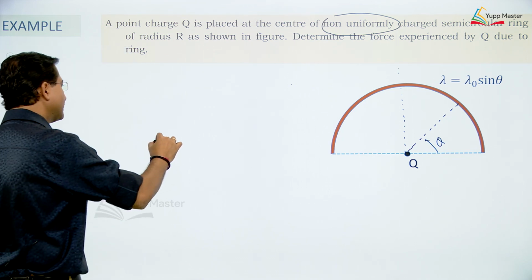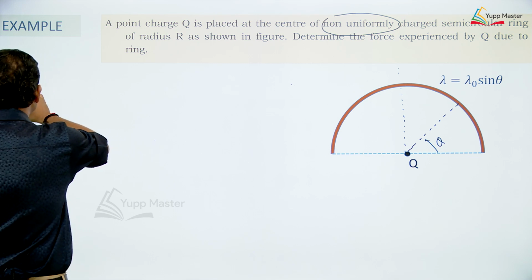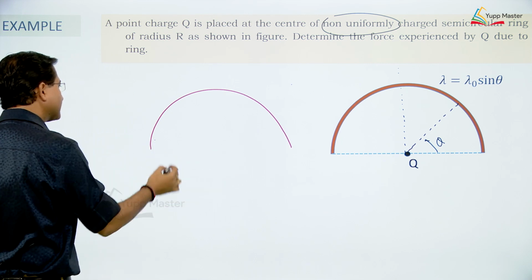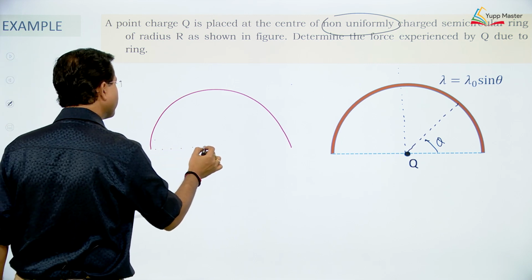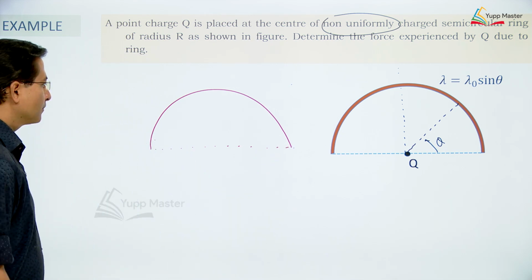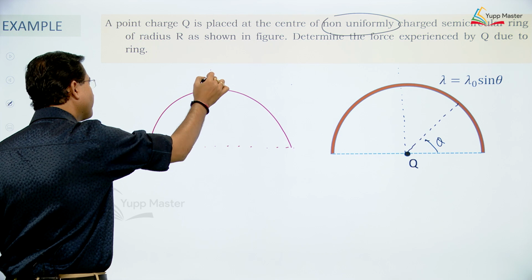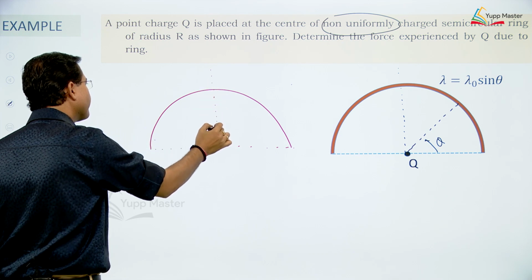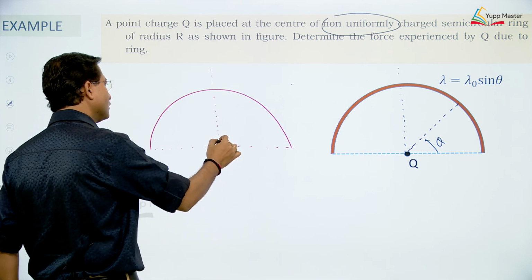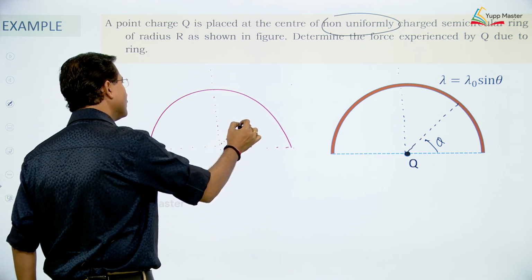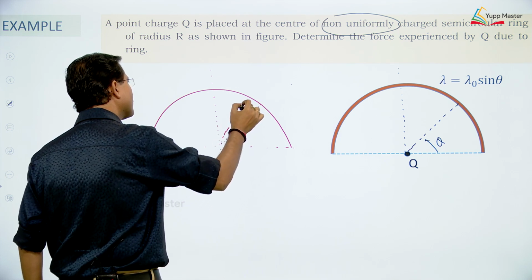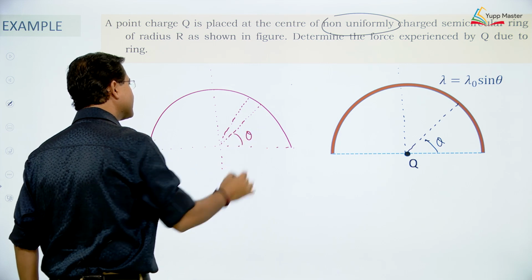So let us first try to find out the field produced by the ring at the center. Here this angle is theta.